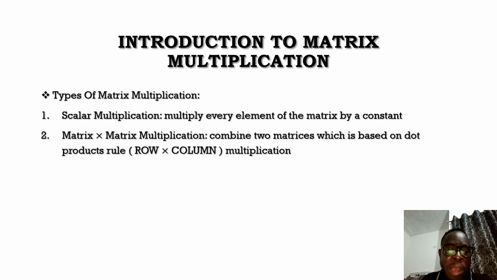We also have matrix by matrix multiplication. Under this section 2, we are going to combine two matrices, which is based on the dot product rule. And what does the rule say? The dot product rule says that row will multiply column. That is row by column multiplication.